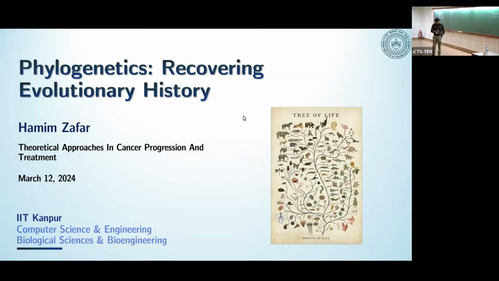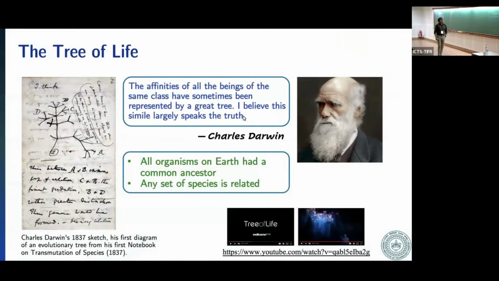Okay. So with that, I'll start. The story of this particular talk actually starts back in the era of Darwin, who came up with this tree of life, as you can see over here. This was his hypothesis that the affinities of all the beings of the same class have sometimes been represented by a great tree.